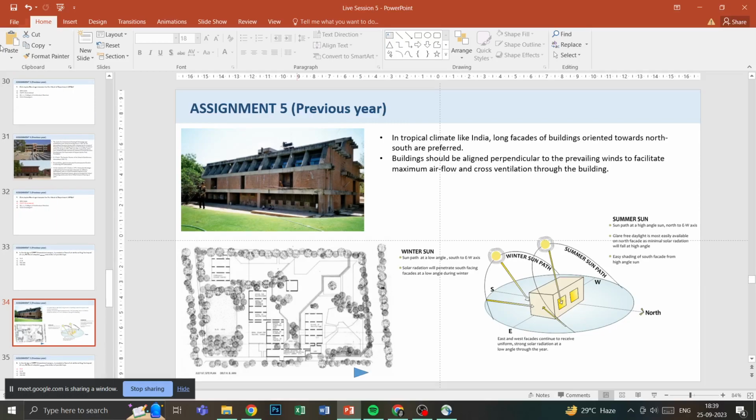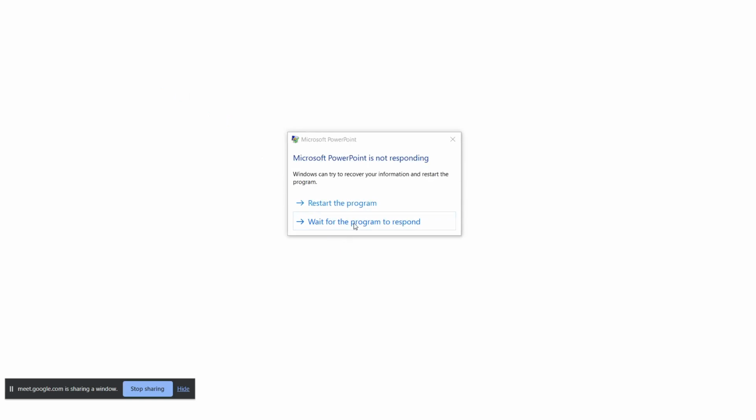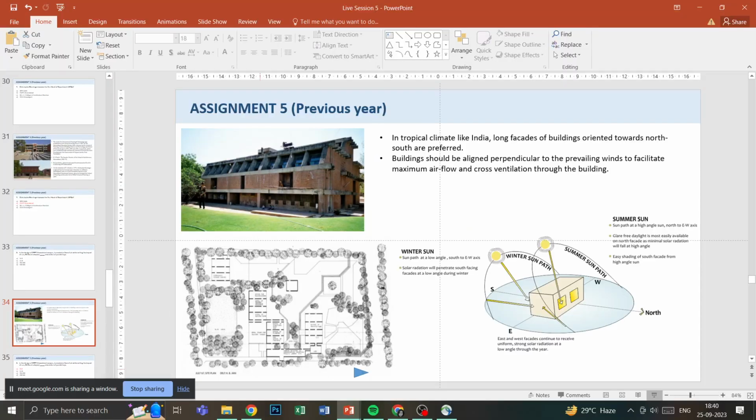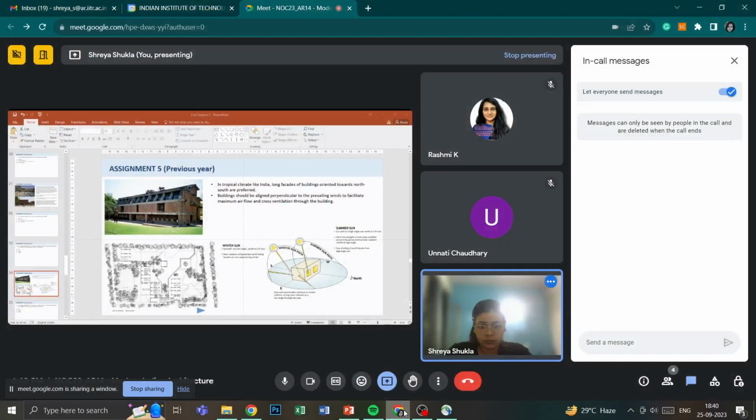So if you can see, this is the plan of one of the blocks of CEPT.